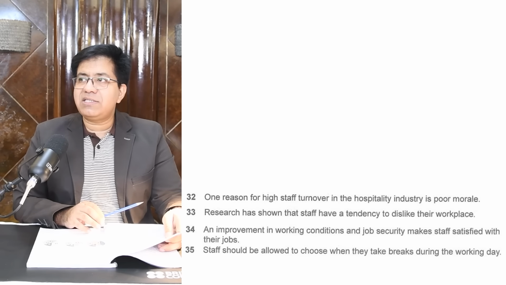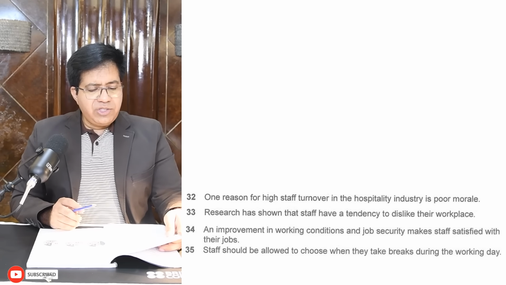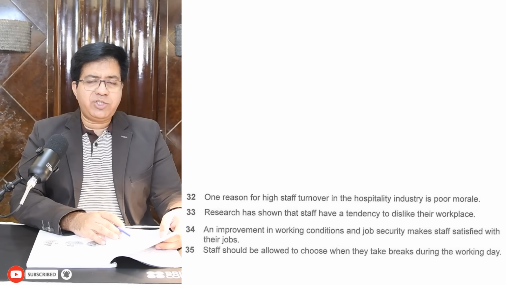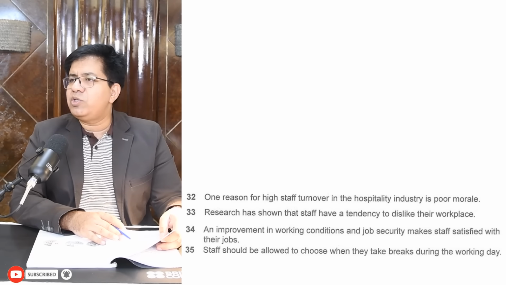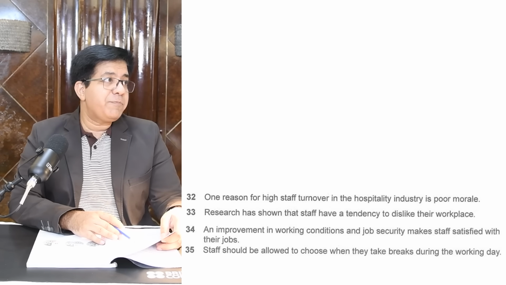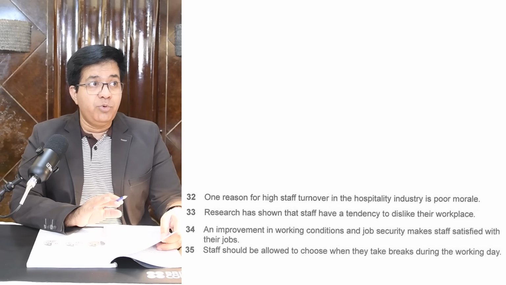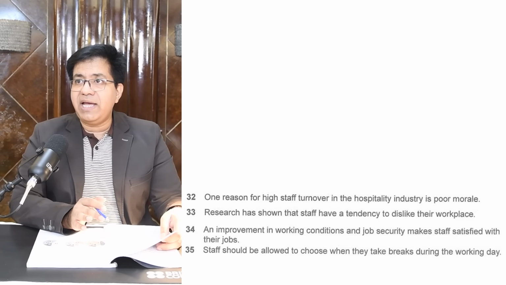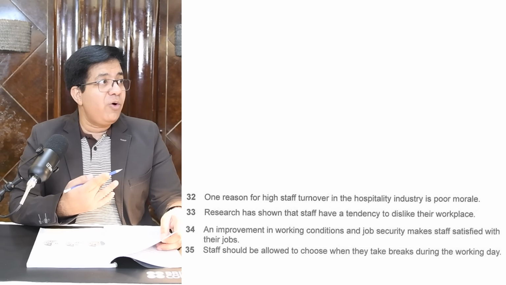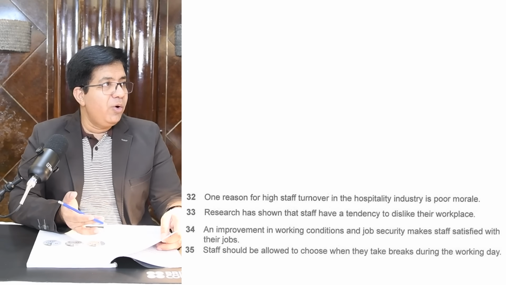Now we found one answer. We know the next one will come after this. Question number 33. Whenever in yes, no, not given, true, false, not given, they say research has shown, it means research has proved. So in the passage we will see if the research has proved, then it's going to be true or yes. If the research is still going on, results have not been found yet, then answer can be no or false.